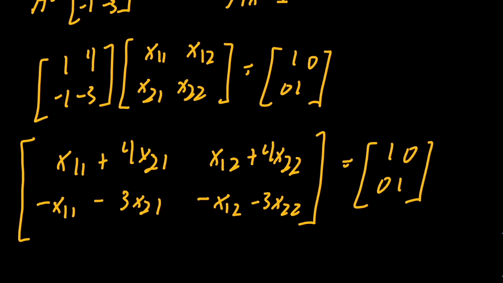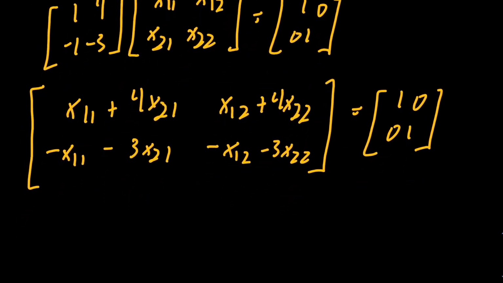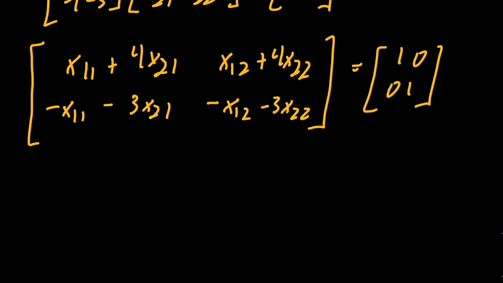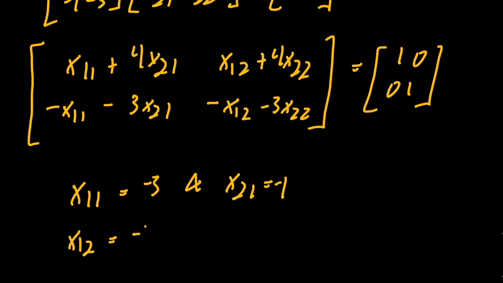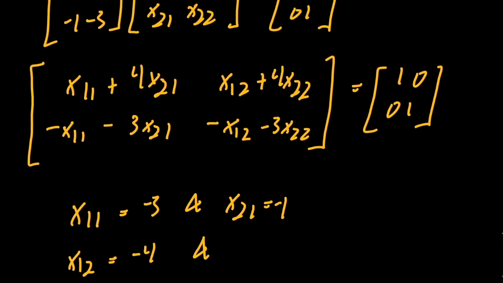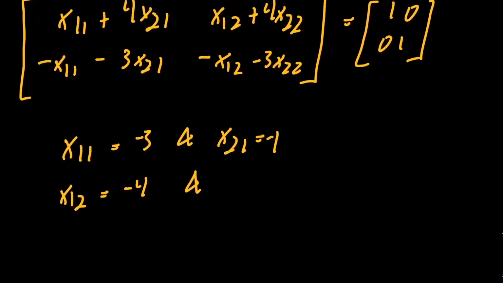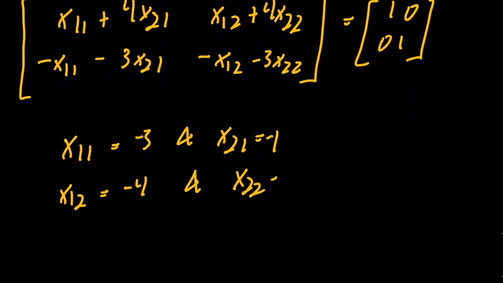So solving the first system, we can deduce that x sub 1 is equal to negative 3, and x sub 2 is equal to 1. And when we solve for the second system, we find that x12 is equal to negative 4, and x22 is equal to 1.